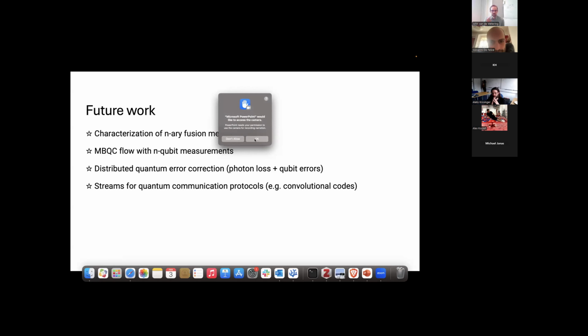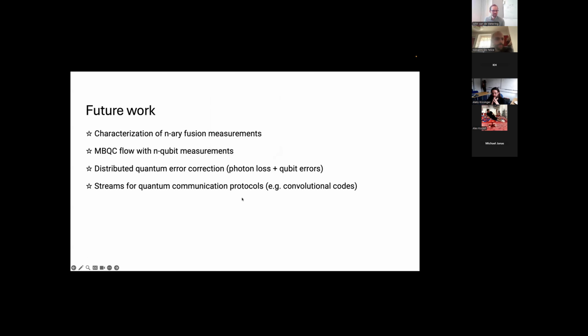Yeah, I guess one interesting direction of extension of the theory is to look at n-ary fusion measurements. We've just looked at binary fusion measurements where we have only 2 qubits as input, but there are some very interesting gates that you can do when you take n input qubits using these fusion measurements or generalizations of them.